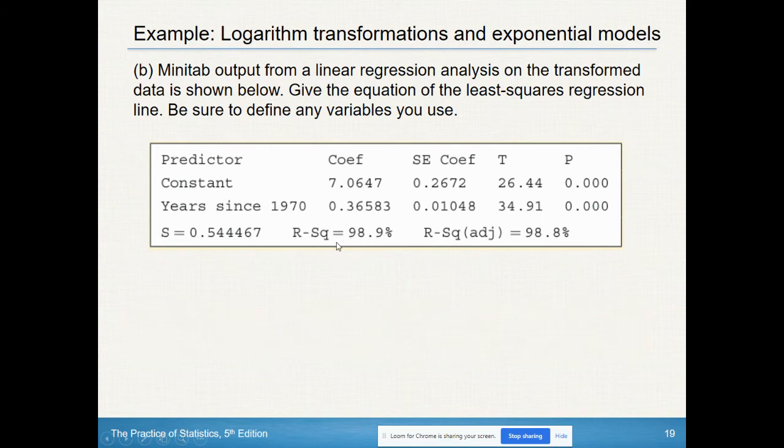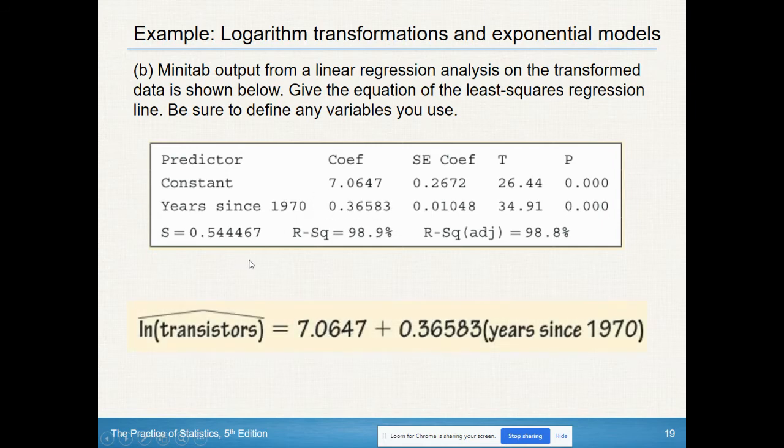For this, remember, the main thing that we need is the coefficients right here. The constant will be your constant. This one will be the coefficient of your slope, your x basically. So what we have is ln of the transistors is equal to the constant, 7.0647, plus the coefficient of your slope, 0.36583, times your x variable, which is the years since 1970.